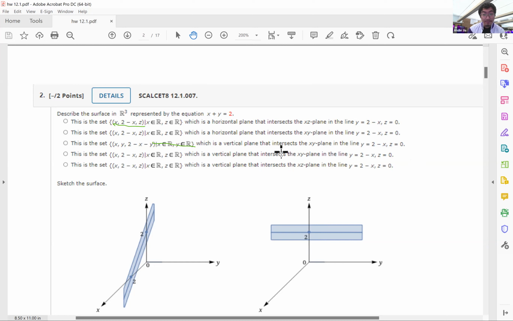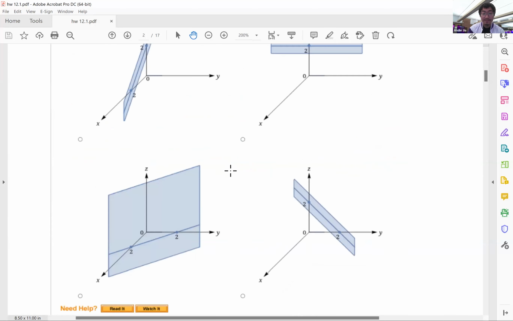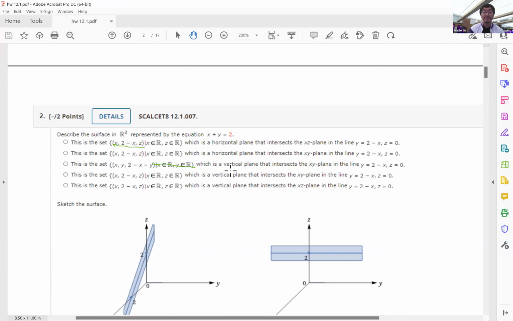So x, y is horizontal. It is not touching any z-axis. It's a vertical plane.